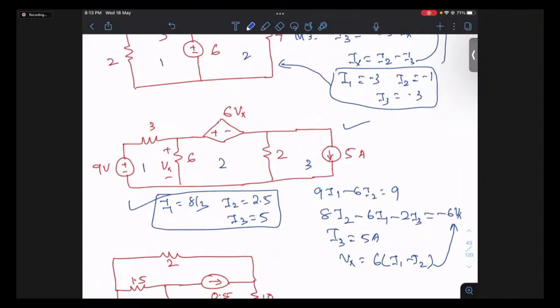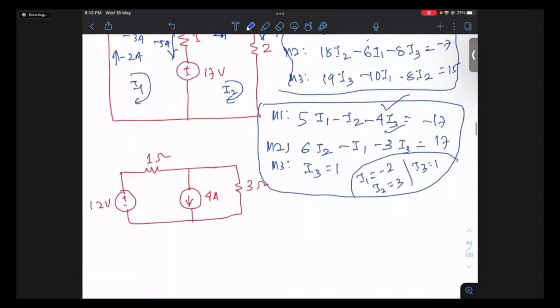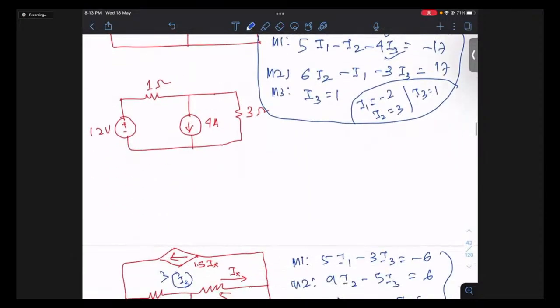Simple problem only. Now, this is some special case.